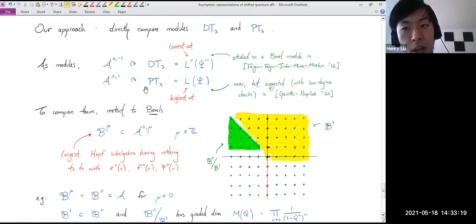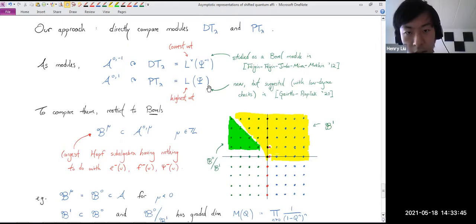so we'd like to relate these DT and PT modules. And I'll say how to do that very briefly since my time is running out. Naively, if you didn't know that these were modules for two different algebras, you would like to say something like, all right, here we have a highest weight module, here we have a lowest weight module, their highest and lowest weights are inverse, they should be dual to each other.